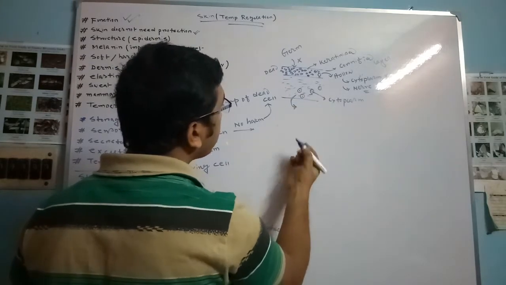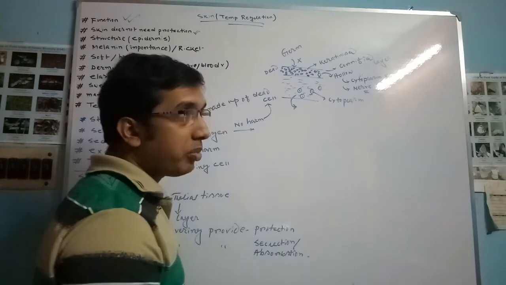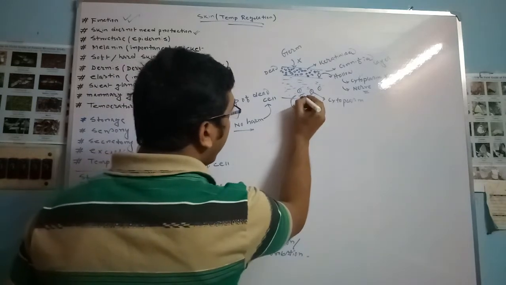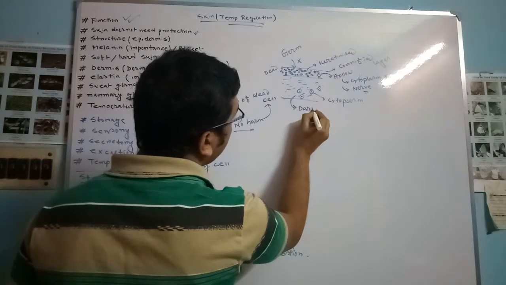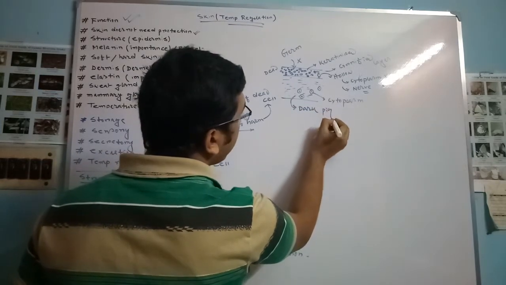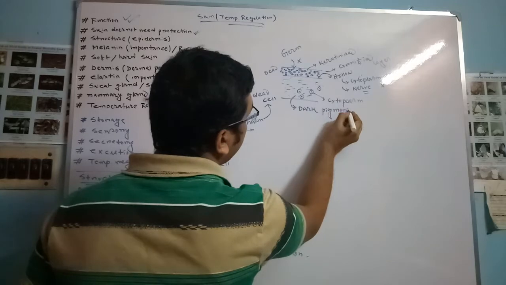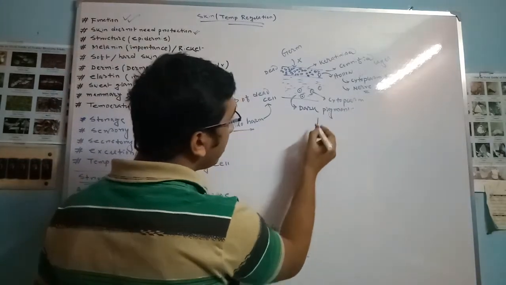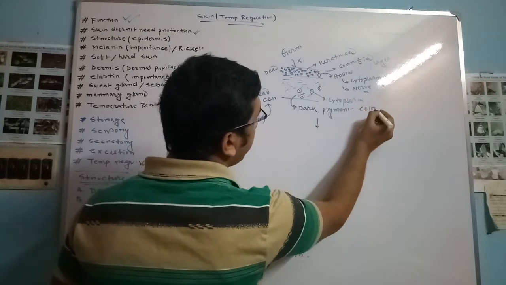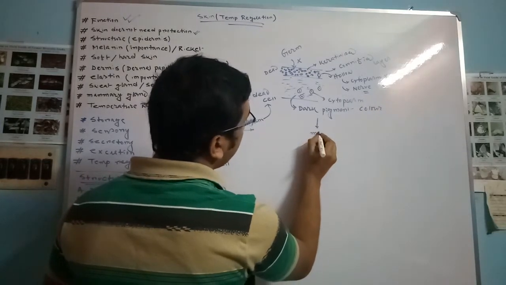Cytoplasm is present here, and due to the presence of cytoplasm, inside the cytoplasm there are dark pigment cells, and the dark pigment colors produce melanin.